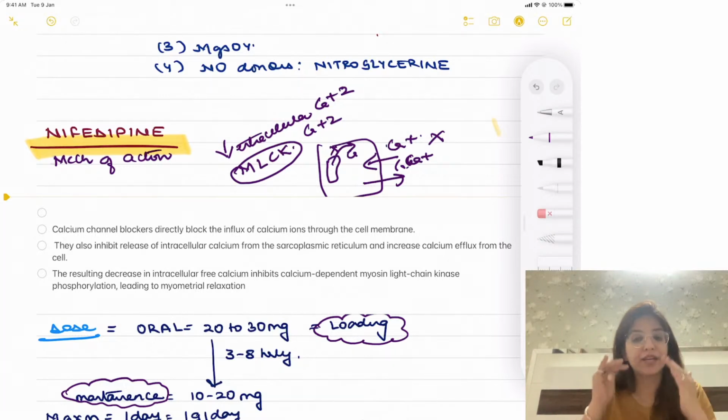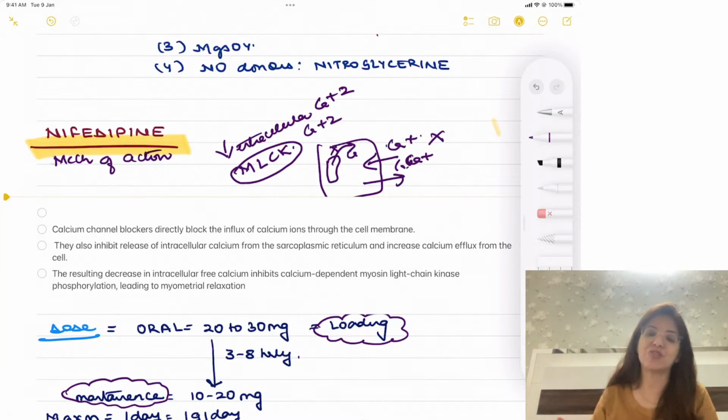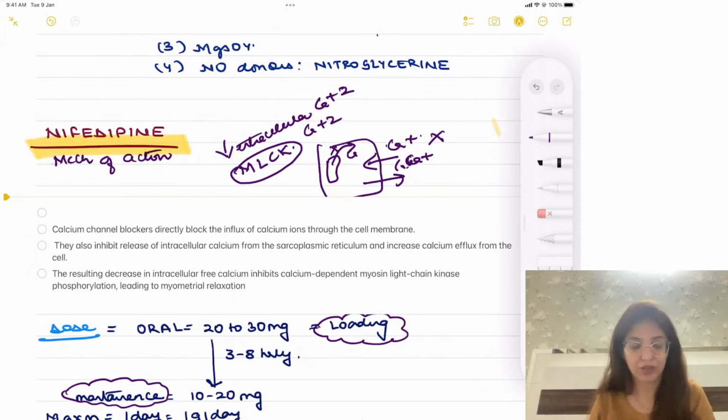It is decreasing the intracellular calcium levels, and because of that the myosin light chain kinase enzyme, which was calcium dependent, is not able to function, and because of which there is myometrial relaxation.